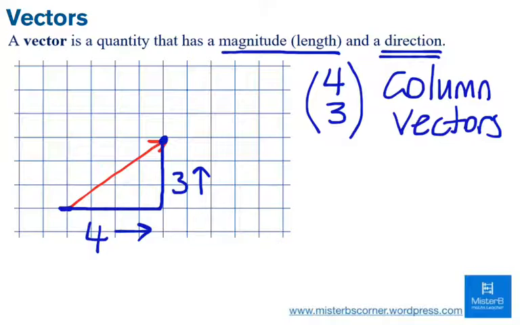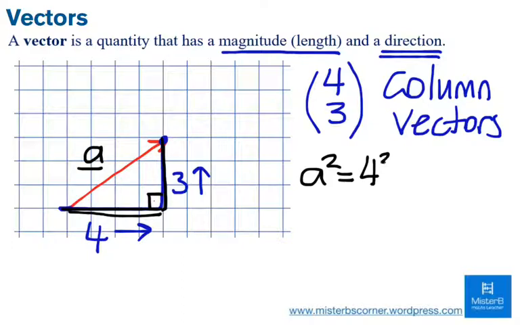To find the magnitude of a vector, we simply use Pythagoras because we have this right triangle here, right? So if this is 4 units here and this is 3 units here, all I need to do for this vector, which I underline to show that it's a vector, is write the following: a squared is equal to 4 squared plus 3 squared.